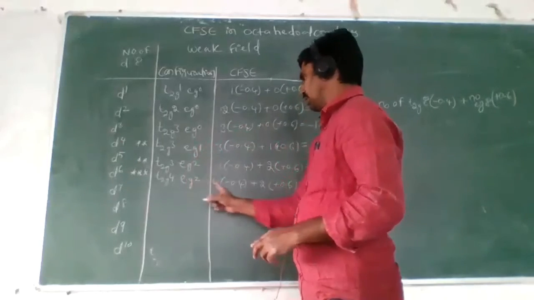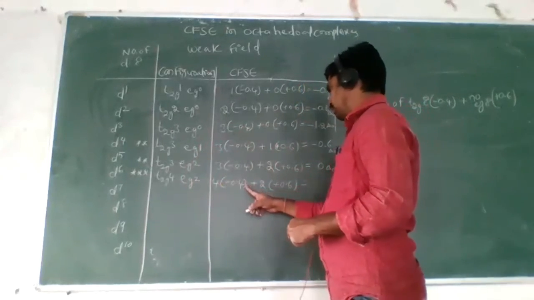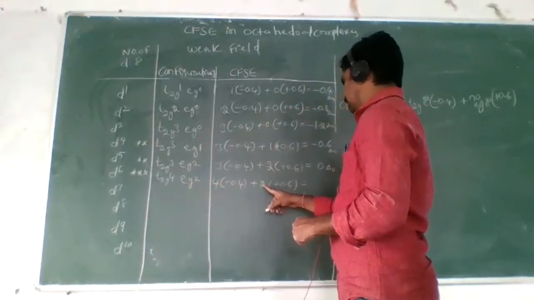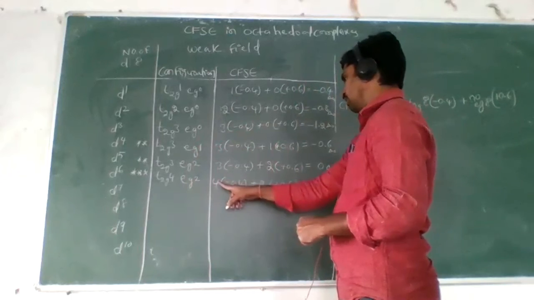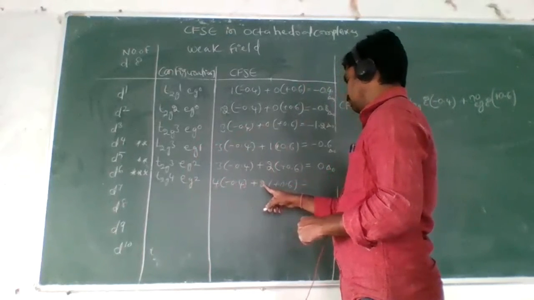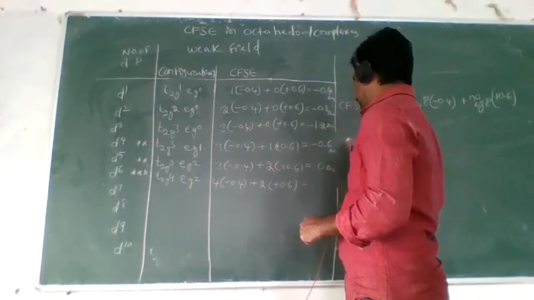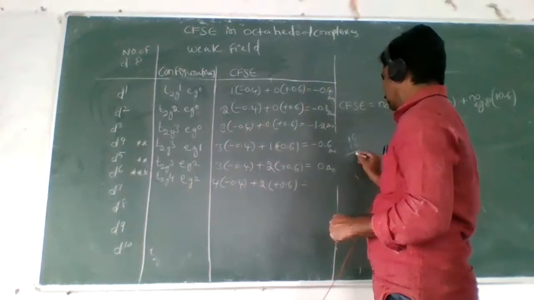Do you understand? Right. So finally, 4 fours are 16, and 2 sixes are 12. 16 minus 12, what is that?